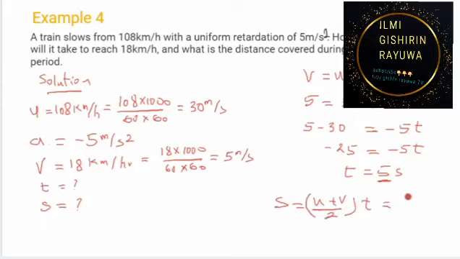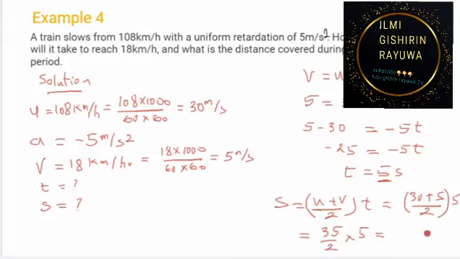Okay, U is 30 plus V is 5 over 2, and then times T, which is 5. So 30 plus 5 will give us 35 over 2 times 5.